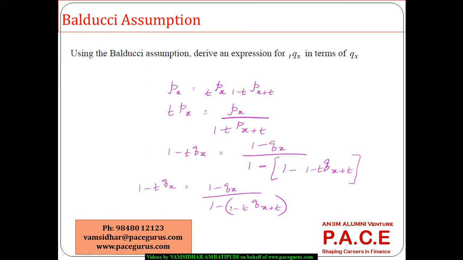Right? And now here I can very well use Balducci's assumption, because I have already said 1 minus tqx plus t. I can use the Balducci's assumption which says 1 minus tqx. So I'll write it like this. Right? So 1 minus of tqx is equal to 1 minus qx divided by 1 minus of 1 minus t times qx.